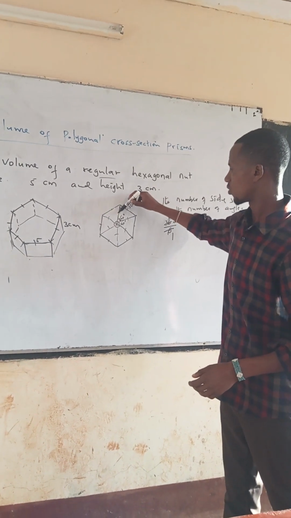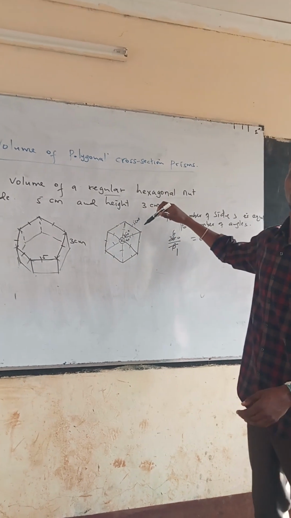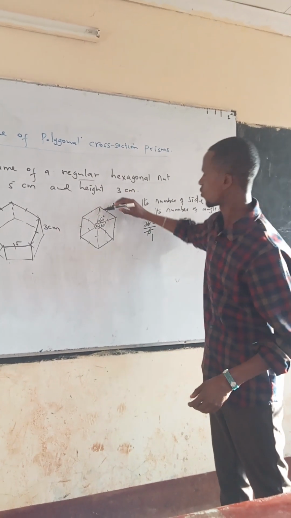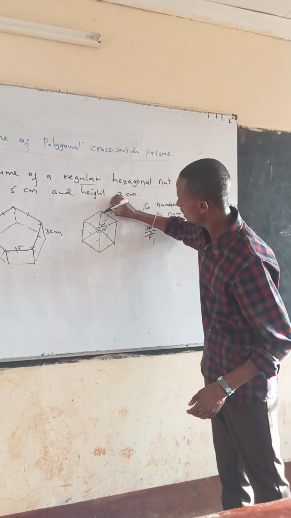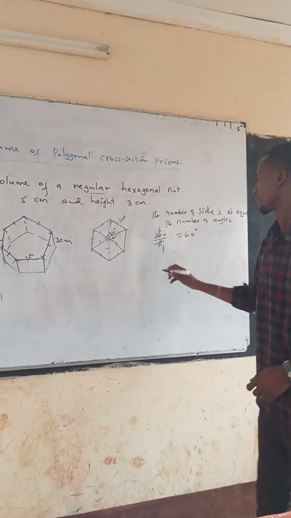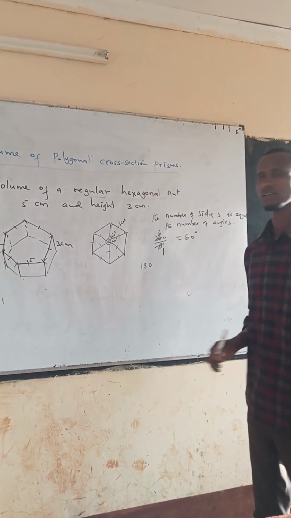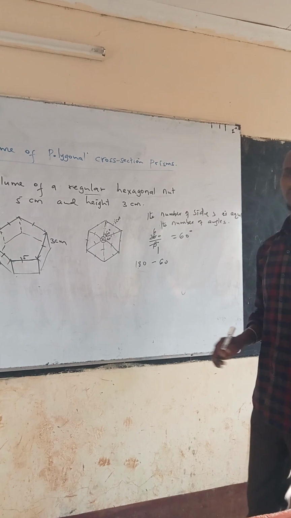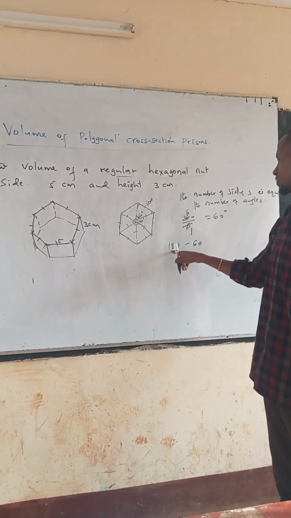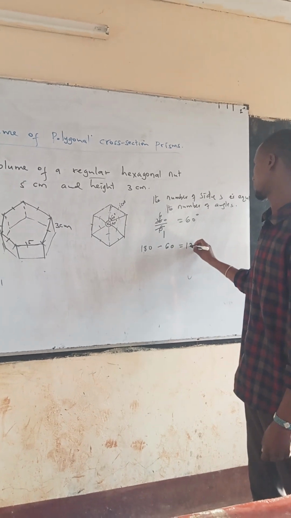And if these sides are equal, then this triangle here will be an isosceles triangle. And what do we know about an isosceles triangle? We know that the base angles of an isosceles triangle are equal. So if these sides are equal, then this angle here and this one are also equal. So how can we get these base angles? We can say 180 minus 60, because angles in a triangle add up to 180, which will give us 120.